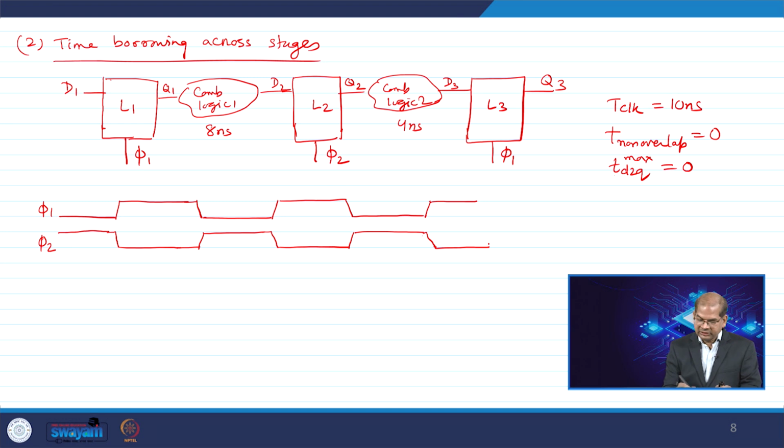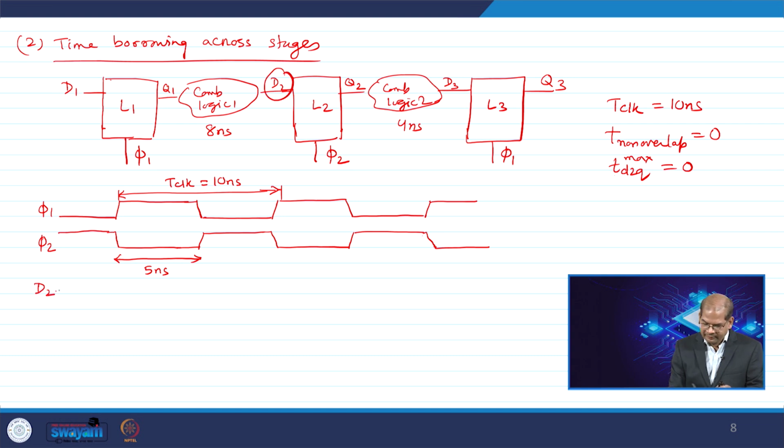Now this period, T clock, is 10 nanosecond and this one is 5 nanosecond. The D2 will appear around 8 nanosecond; from here to here is 8 nanosecond.